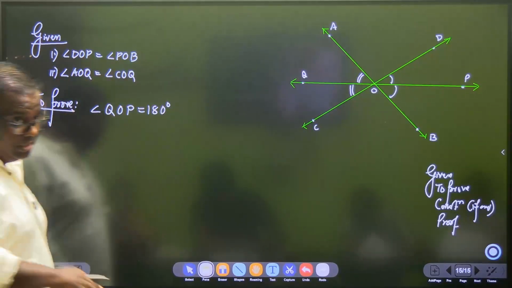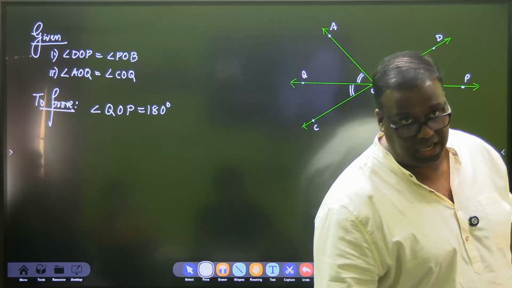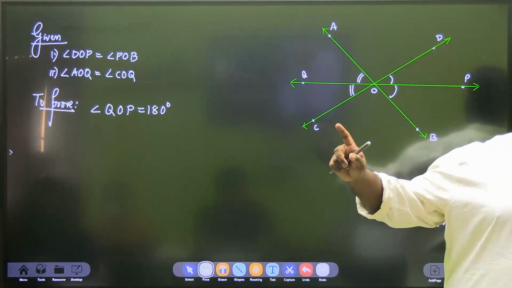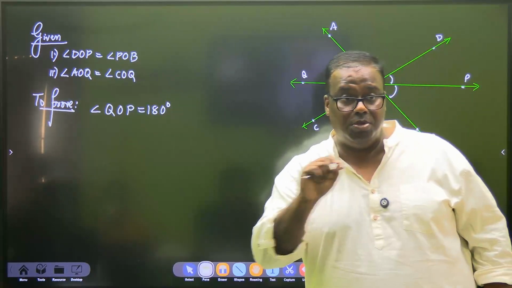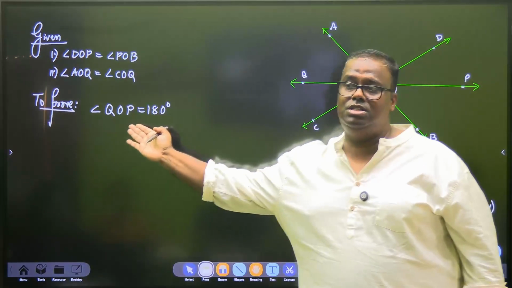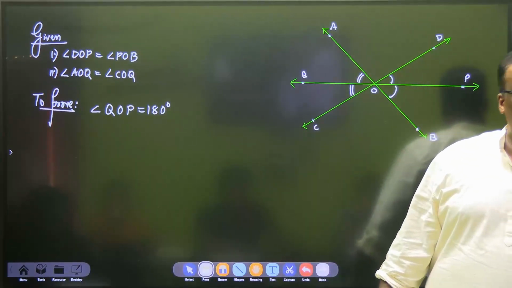Look here, the English statement says prove that OP and OQ are in the same straight line. But there has to be a mathematical statement. You can't say same straight line is an abstract statement. The mathematical statement is that the angle should be proved as 180 degrees. So should we be able to prove it?